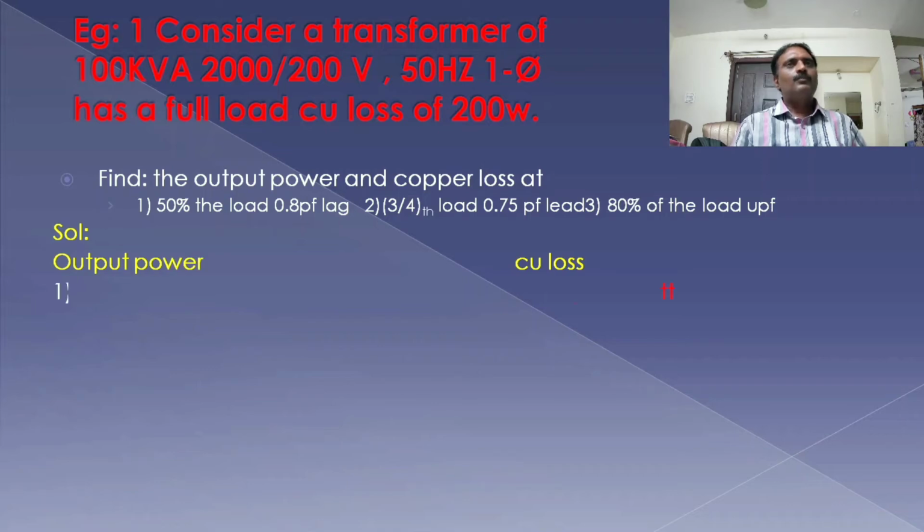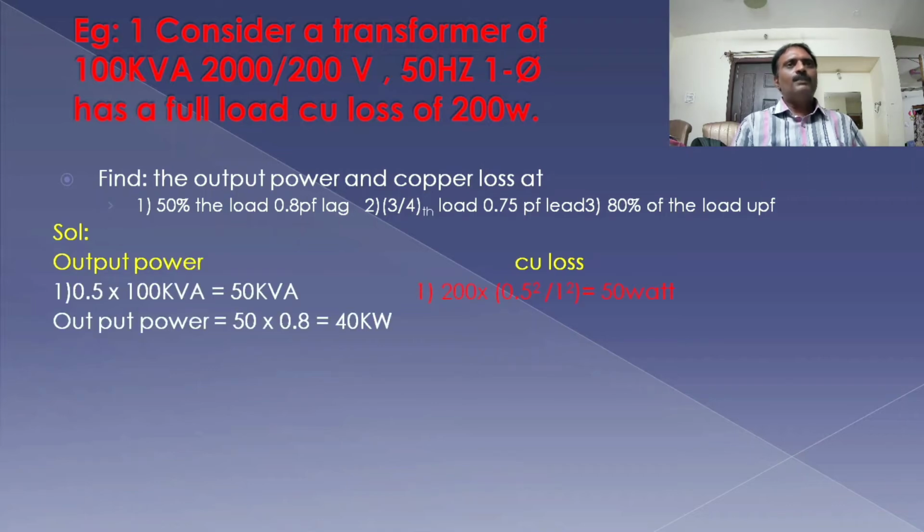First, let us take 50% of the load. Here you can see the full load kVA is 100. When you consider 50%, it is multiplied by 0.5.